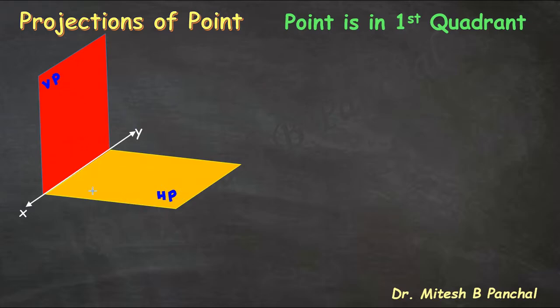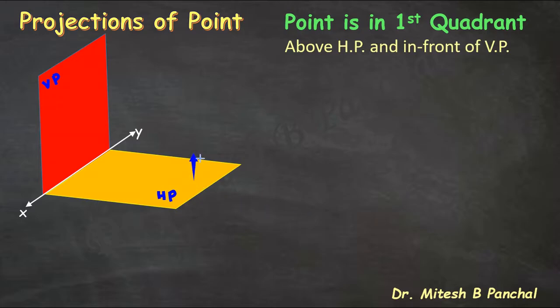This particular position of HP and VP represents the first quadrant. In the first quadrant, the position of the object is above HP and in front of VP.